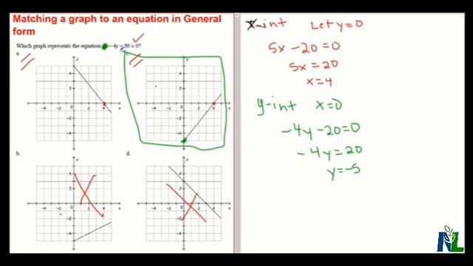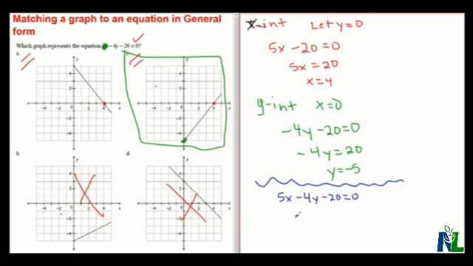Another way to do this is to take the general form and rearrange it into slope-intercept form. So if we have 5x subtract 4y subtract 20 equals 0, we can rearrange it to figure out what the slope and the y-intercept would be.